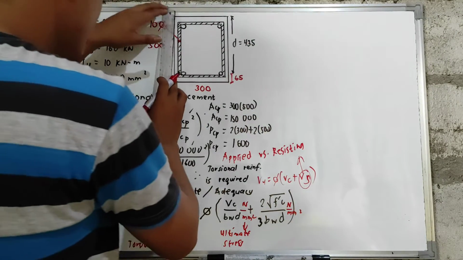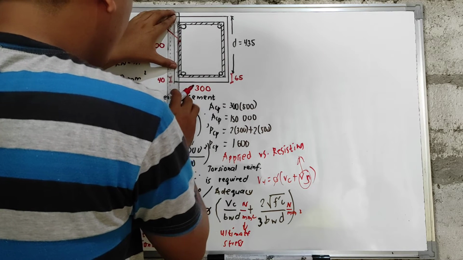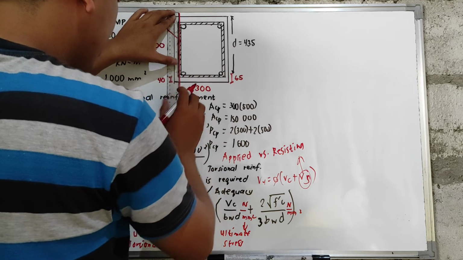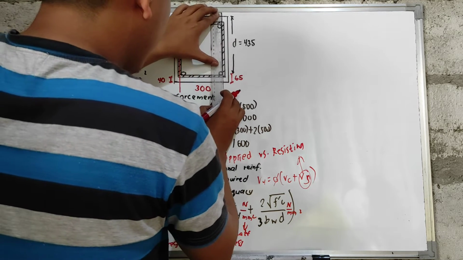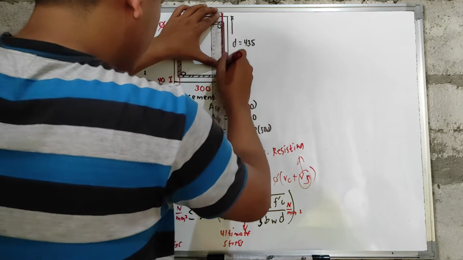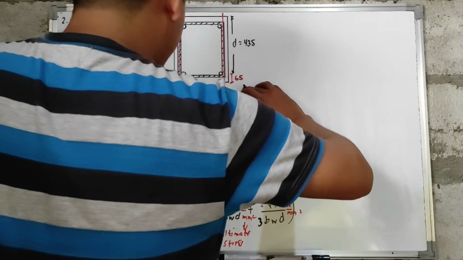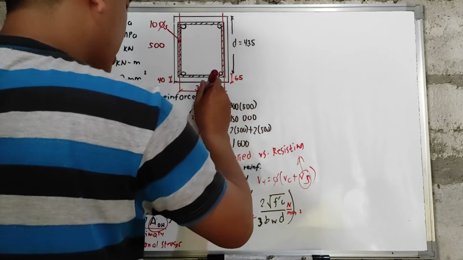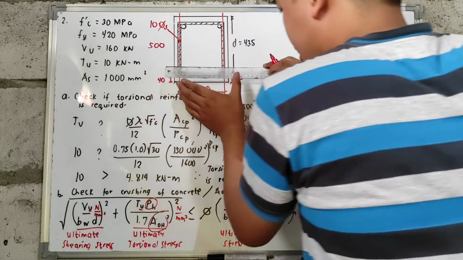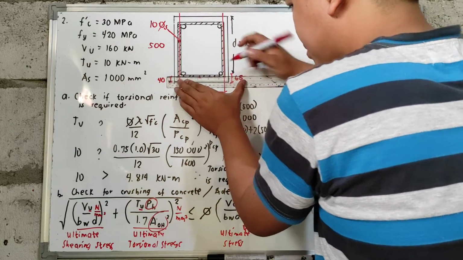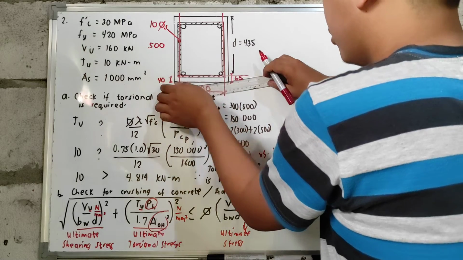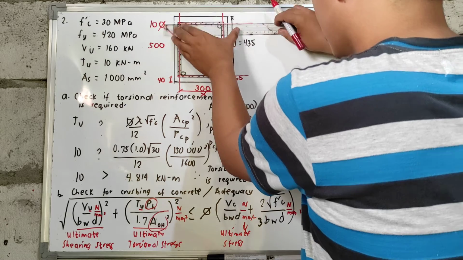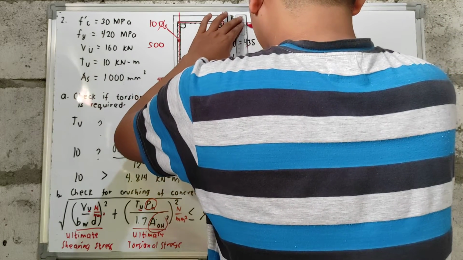So, for this one, kunin natin yung width from the center of your stirrups reinforcement, and then center ng stirrups. So, this will be your x. Yung value natin dyan, this is x. Same with, eto, kunin natin, center of the stirrups dun sa taas naman. So, kunin natin yung value ni y naman.